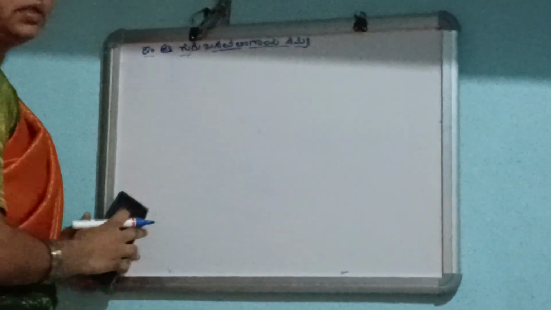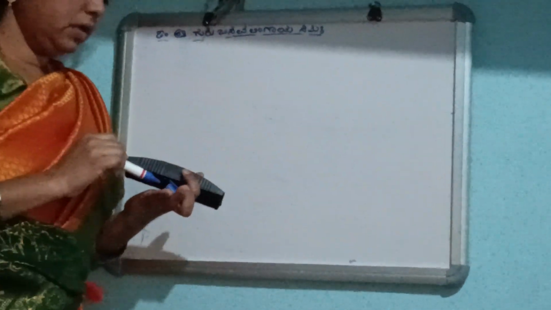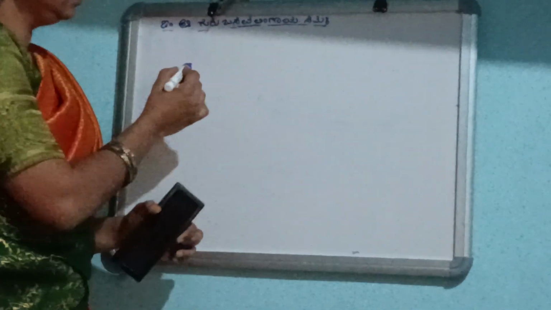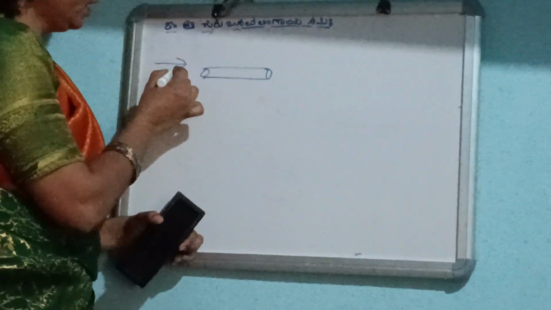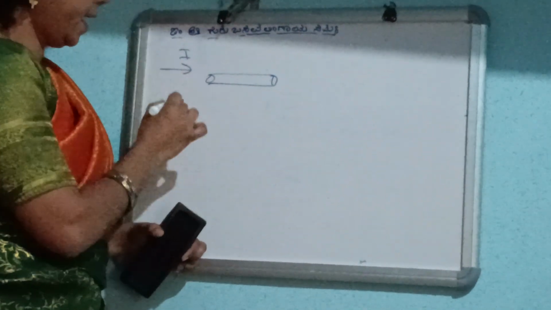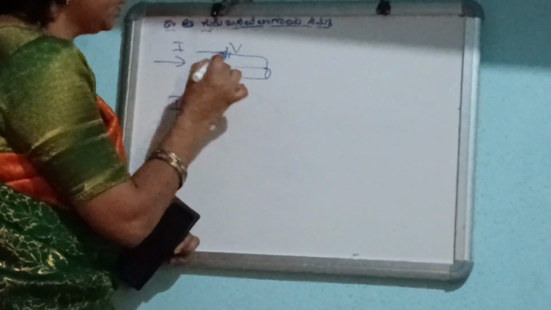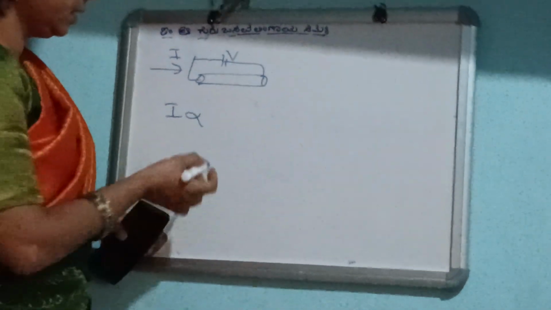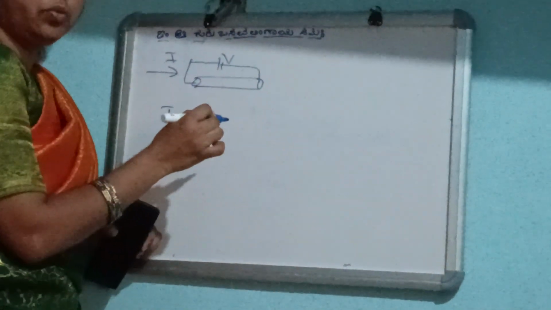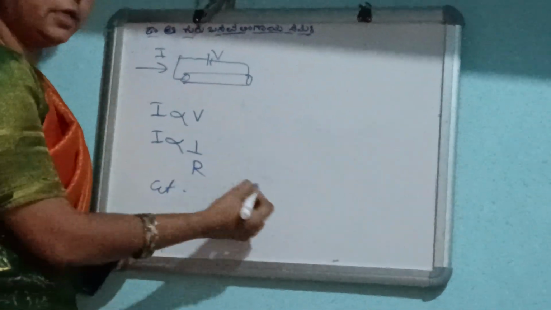And how to remember Ohm's law? Ohm's law statement: the current flowing through a conductor is directly proportional to the voltage applied at the ends of the conductor, and inversely proportional to the resistance of the conductor at a constant temperature.